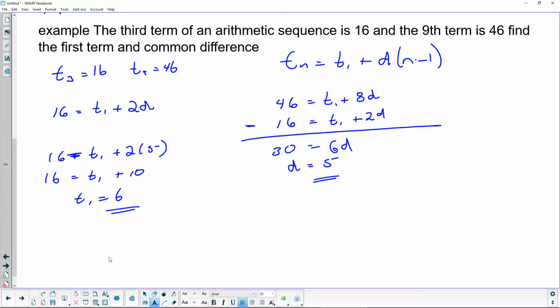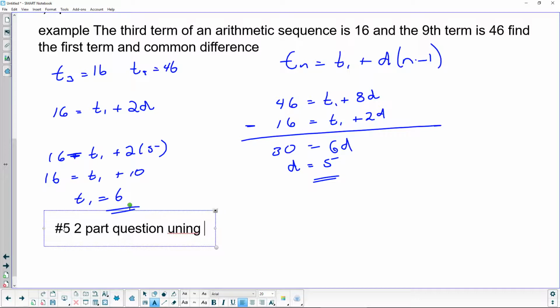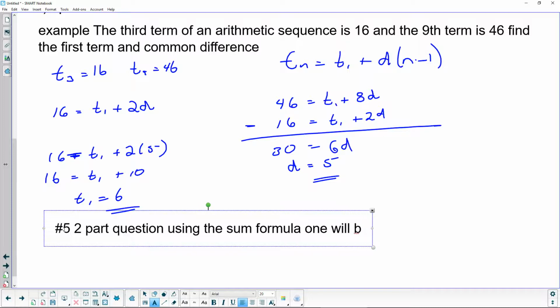One will be arithmetic, and one will be geometric.